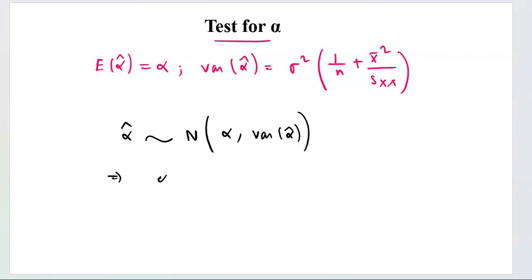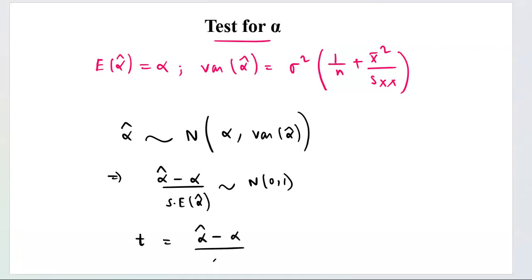Now, if you standardize, again the same thing, alpha cap minus alpha upon the standard error of alpha cap will follow a normal distribution. And we know RSS follows a chi-square distribution. So if you combine these two things, exactly the same process as I did for beta, the test statistic that we will use is alpha cap minus alpha upon the standard error of alpha cap, and this has a cap as well.